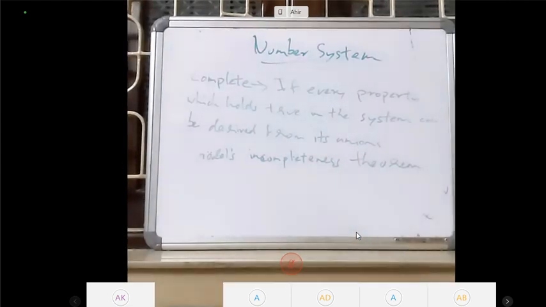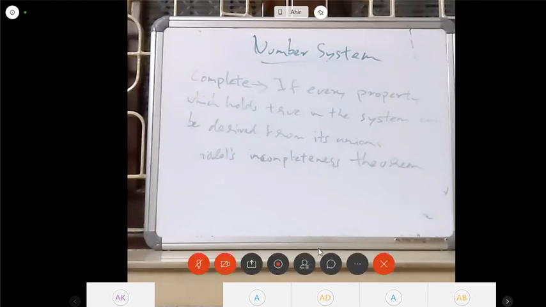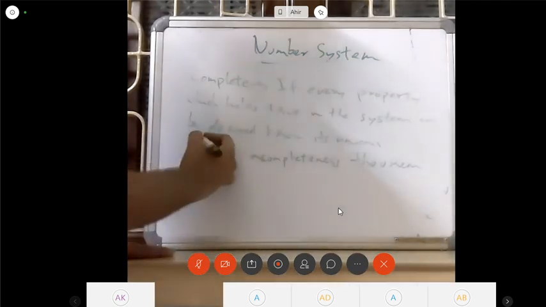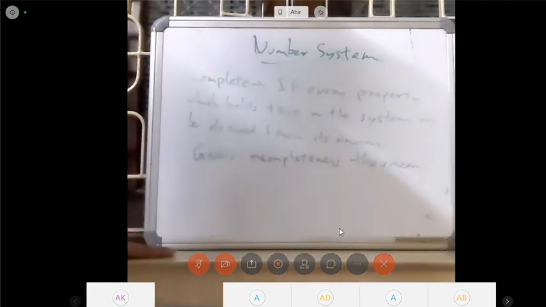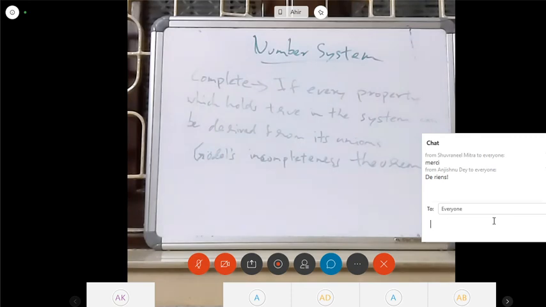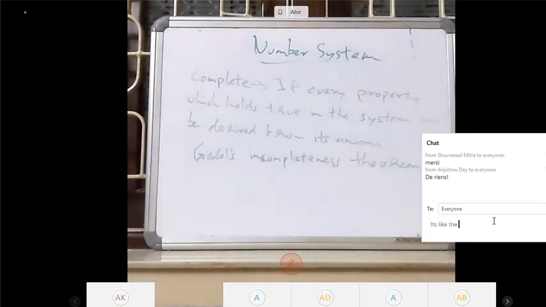So in 1931, this 25-year-old guy came and absolutely shook up the world of mathematics with his incompleteness theorem, which basically said that a formal axiomatic system cannot be simultaneously complete as well as consistent.